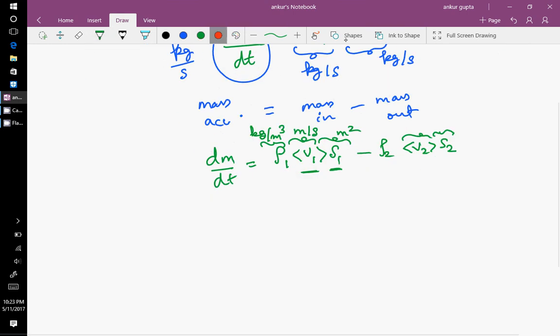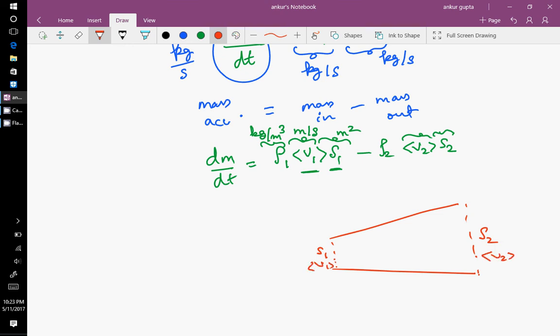So we can imagine something simple because we have two openings. Let us imagine we have a pipe like this. The area here is S2 and here S1. The velocity here is V1 average and V2 average. If we assume steady state, we will get 0 = rho1 V1 S1 - rho2 V2 S2.